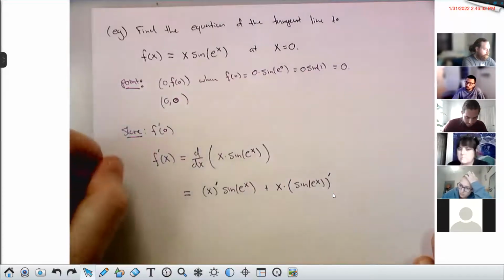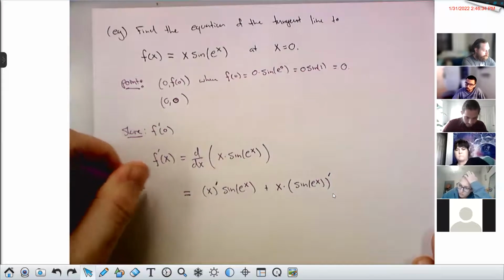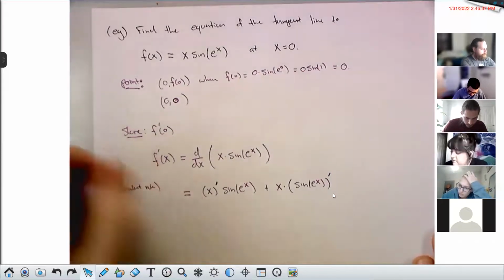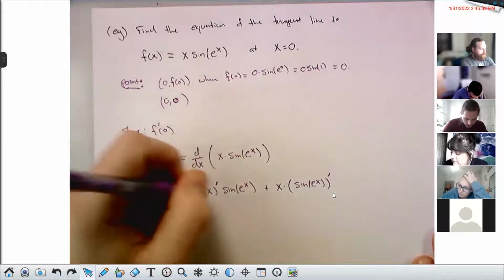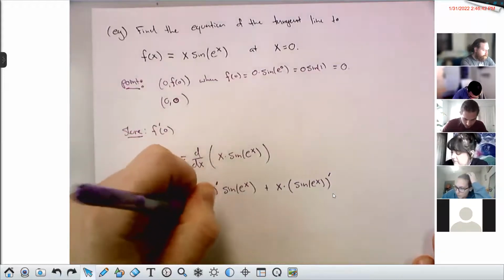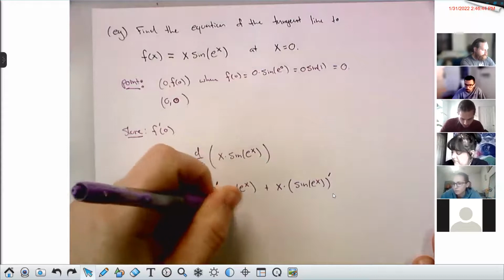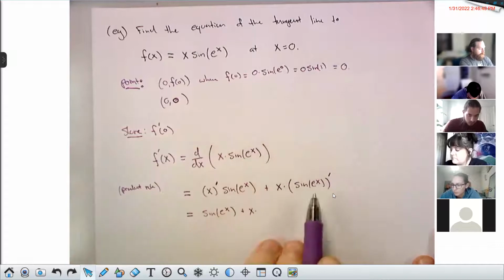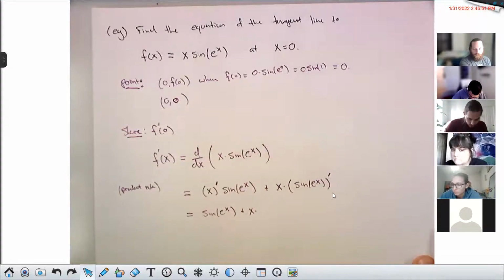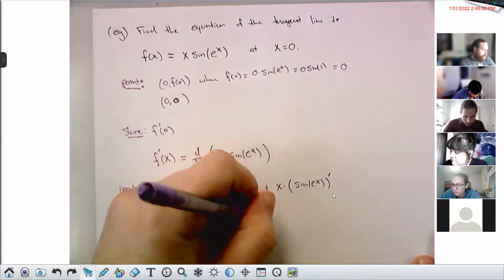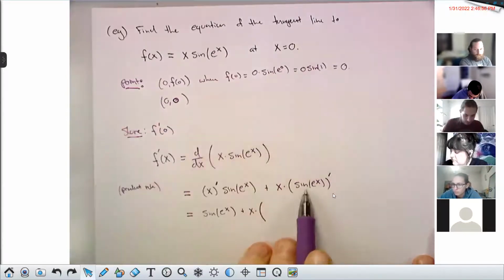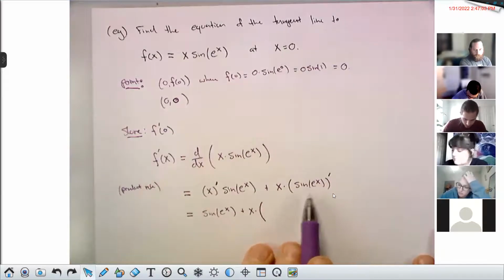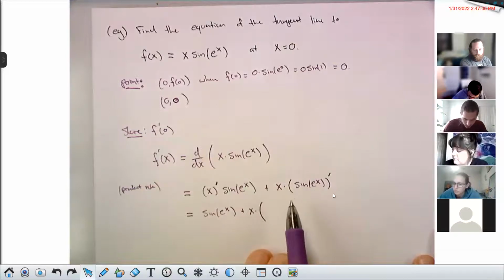So here we're using the product rule. x prime is 1, so we just get the sine of e to the x here, plus x times, and now here is where I'm going to use my chain rule. To differentiate the sine of e to the x, again, you need to figure out your inner and your outer. My outer function here is the sine function. My inner function here is e to the x.